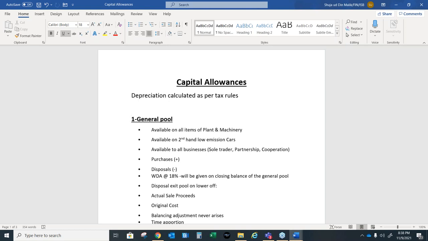Likewise, the method may be straight line method, reducing balance method, or sum of year digits method, any method that the management wishes to choose. Plus the rate, the appropriate rate as sorted out by the management, maybe 10%, maybe 20%, maybe 30%, maybe 5%, as per their own policies and requirements.